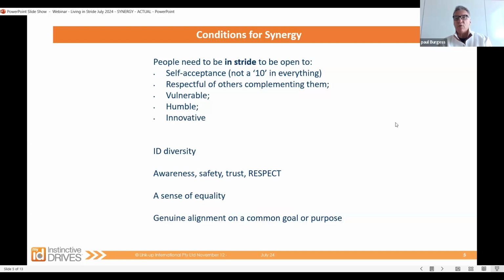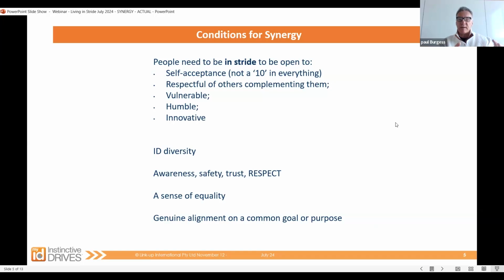So the very first thing is always about being in stride, because if people aren't in stride and true to themselves, they tend to feel more insecure. In fact, it happened to me on a call earlier today, and I said, oh, your camera's not on. And they said, oh, you wouldn't want to see me. My eyes are bloodshot, I've been on screen all day, I'm not looking my best, I don't want to be seen.